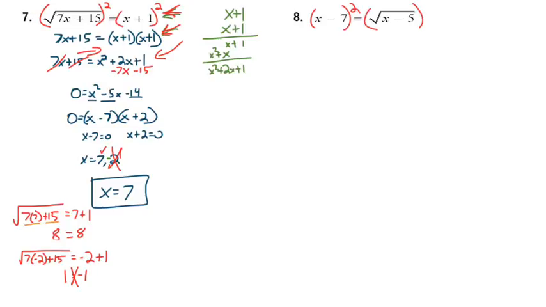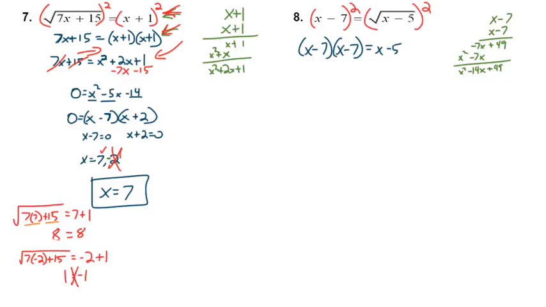I'll start off by squaring both sides. So I have x minus 7 times x minus 7 equals x minus 5. To do x minus 7 times x minus 7, negative 7 times negative 7 is 49, minus 7x, minus 7x, x squared, so that's x squared minus 14x plus 49.